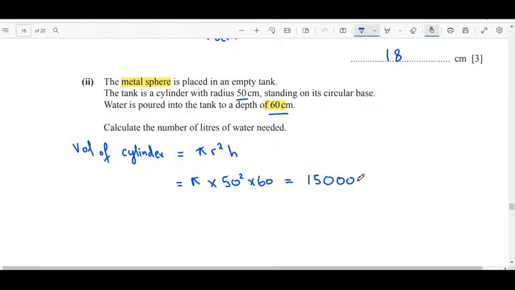Okay, very good. Centimeter cubes. The units are very important. You'll see why. Now this is the volume of the cylinder as it is for this much depth. I will put the metal sphere inside, so I'll subtract the volume of that.